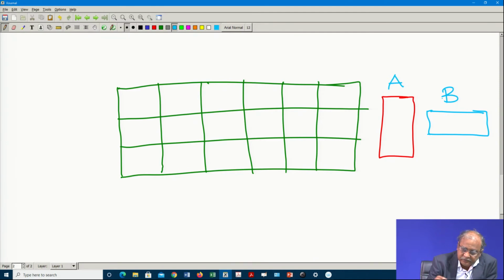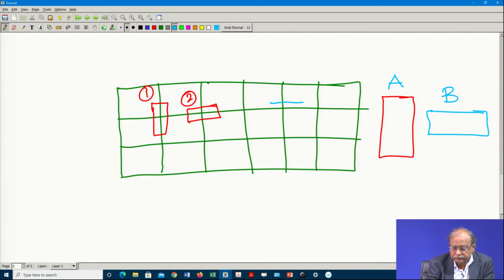Now, the question is for the red one, let us say, is it the first one? Let us give it 1 or 2. Similarly, it can be like this also.